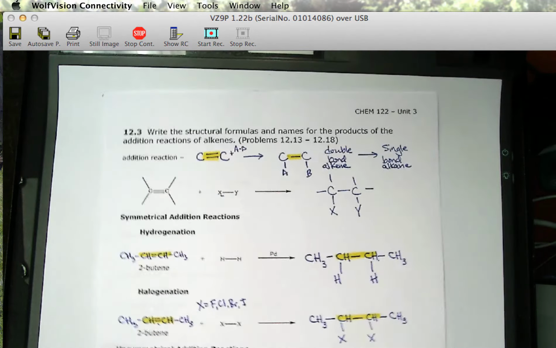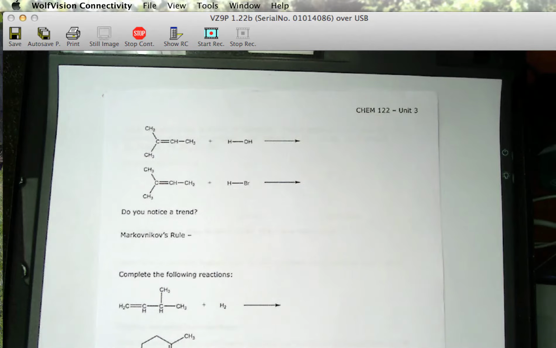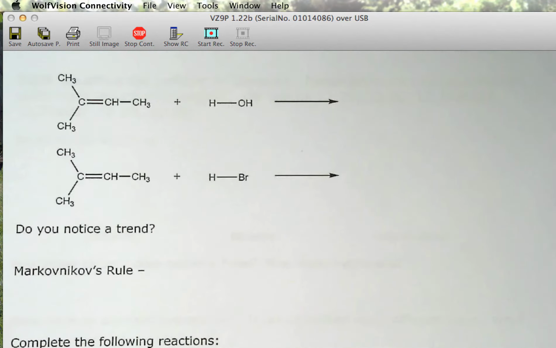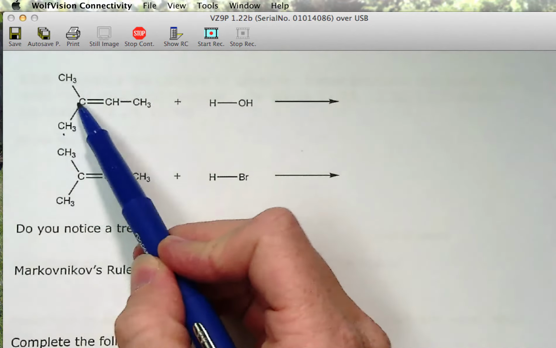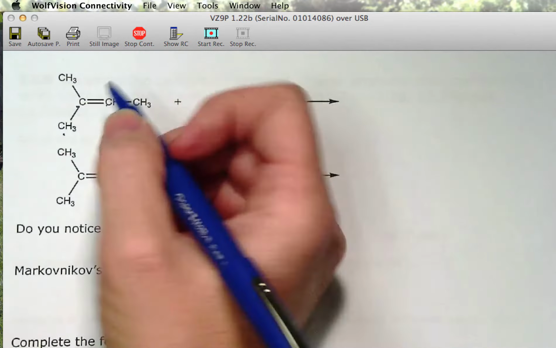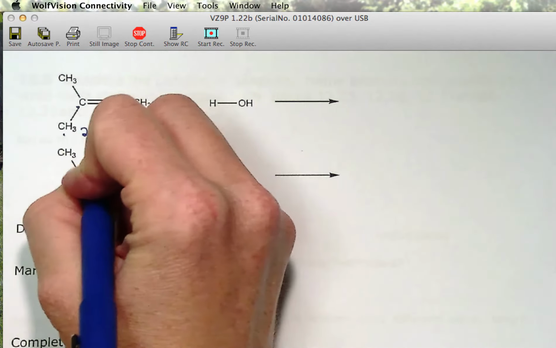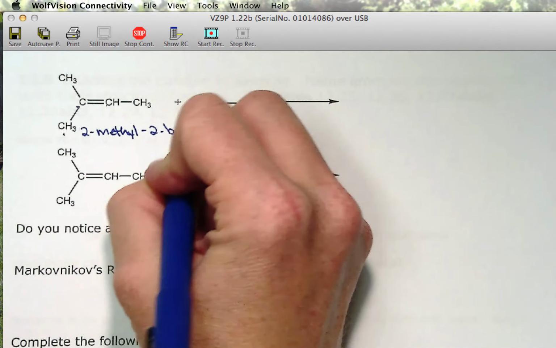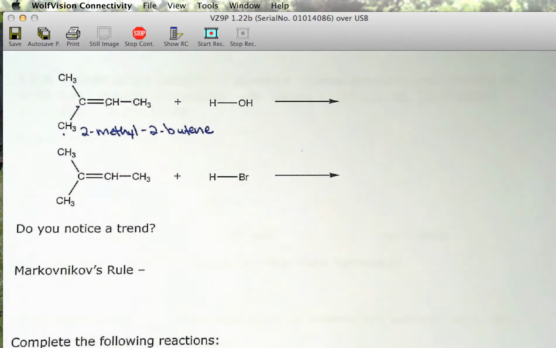So on the next page, I have one, two, three, four. This is 2-methyl-2-butene.